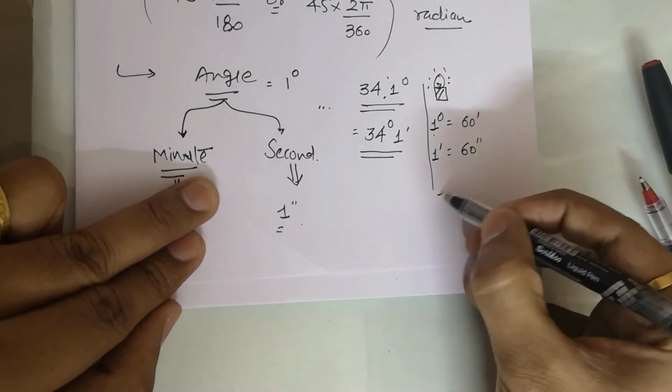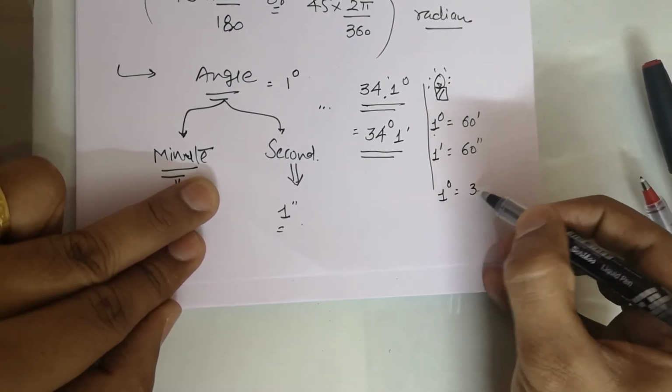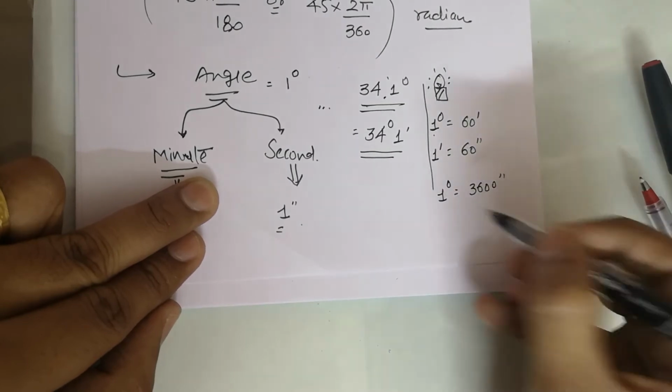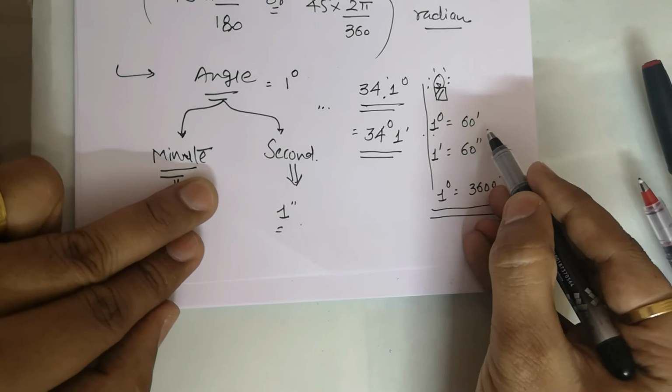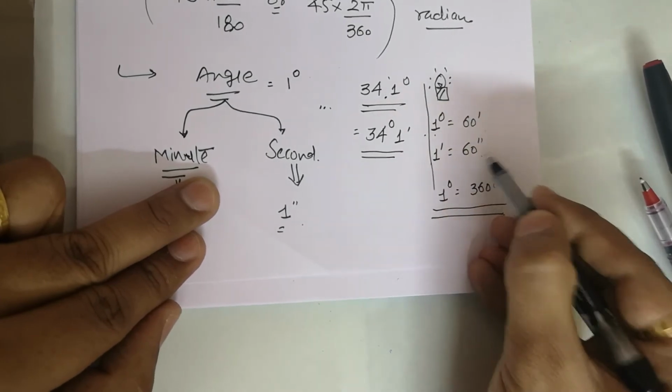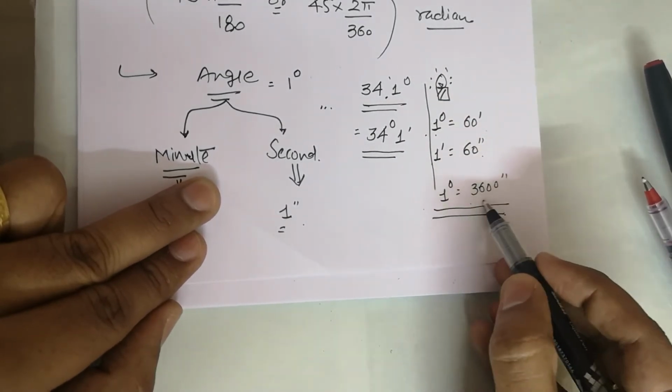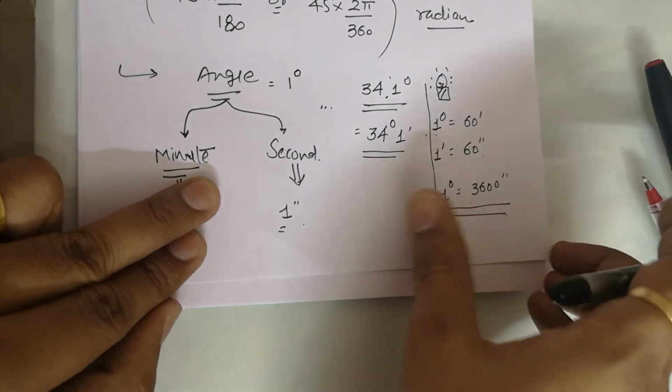So you can say that 1 degree equals 3600 seconds. So remember: 1 degree is 60 minutes, 1 minute is 60 seconds, and 1 degree equals 3600 seconds.